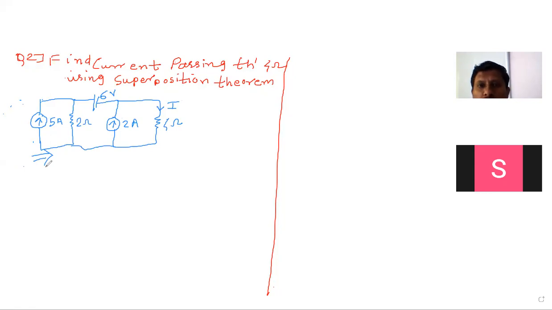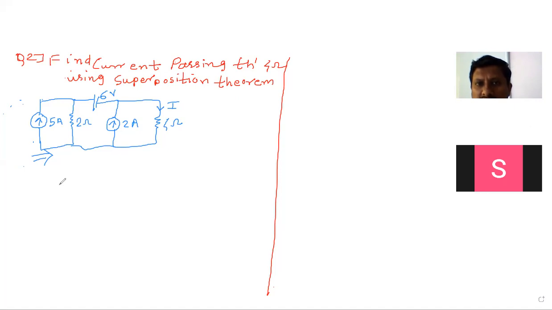First of all, we have to observe the circuit. Anyone can tell how many independent sources are there? 3. Okay, so a 5 ampere current source, a 6 volt voltage source, and a 2 ampere current source. And which response do we have to find out?